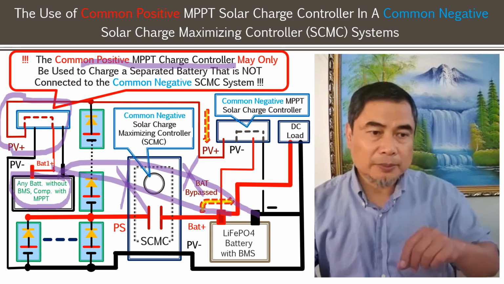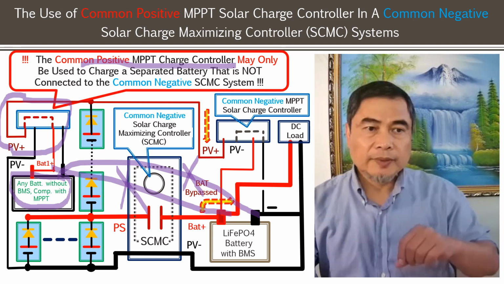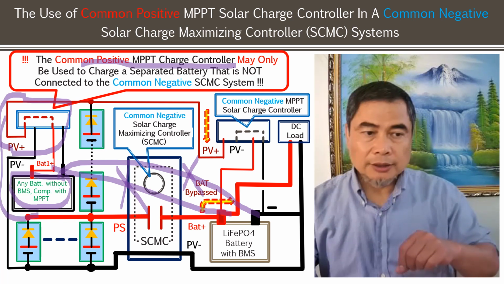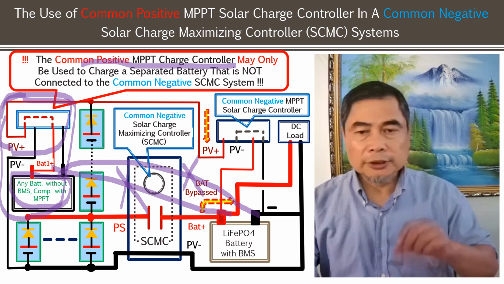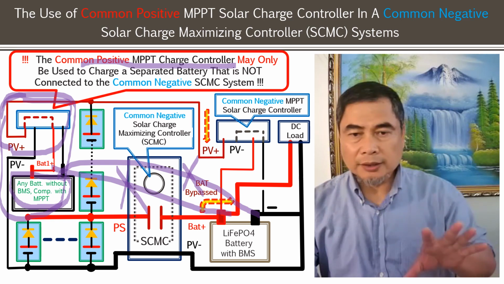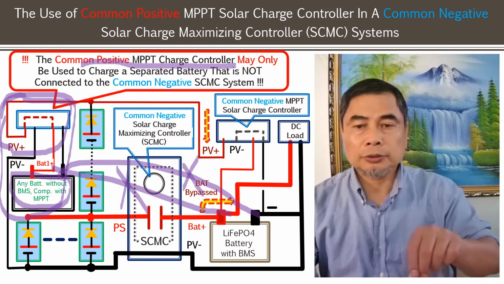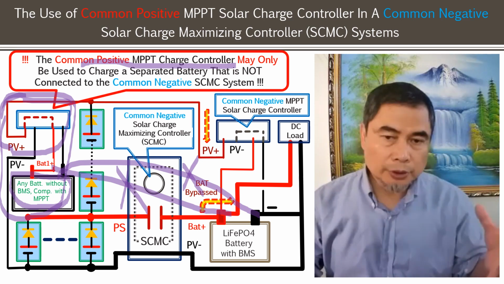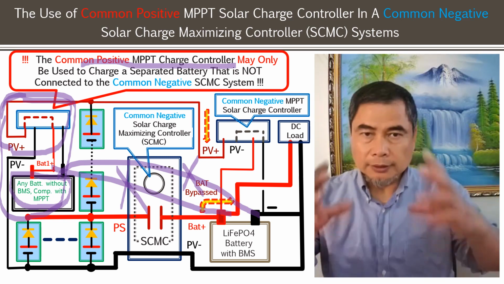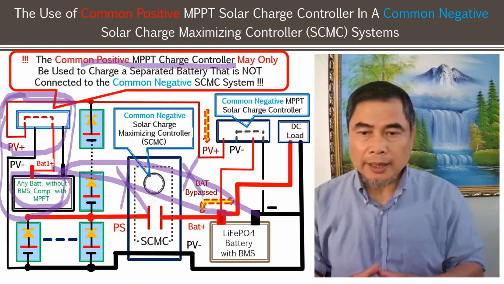You have to keep them separate, with a separate battery. Say we found a smaller common positive MPPT solid charge controller, for example from Mr. Power, with a smaller amperage.